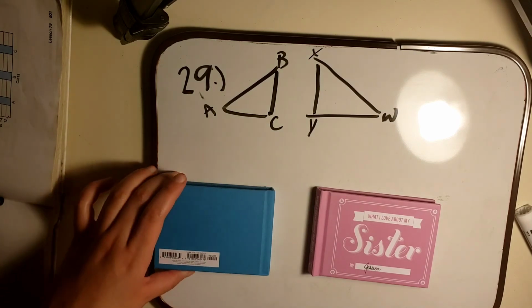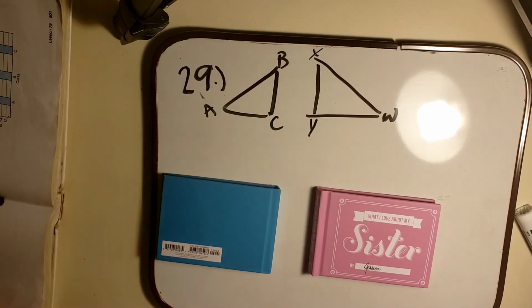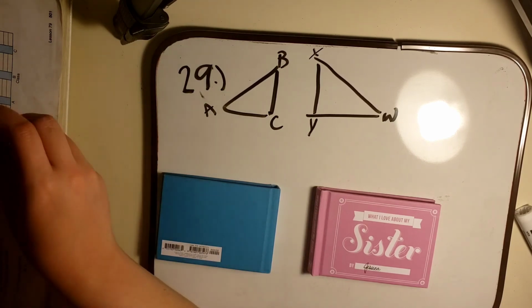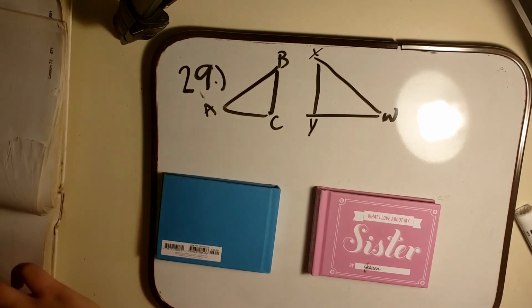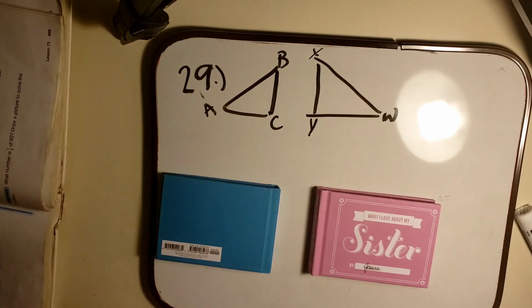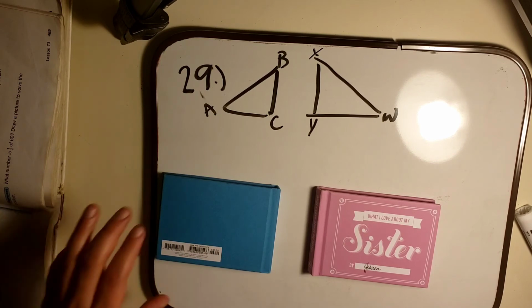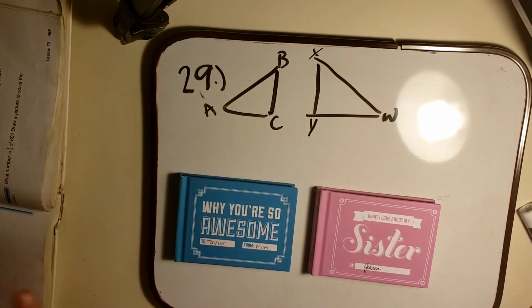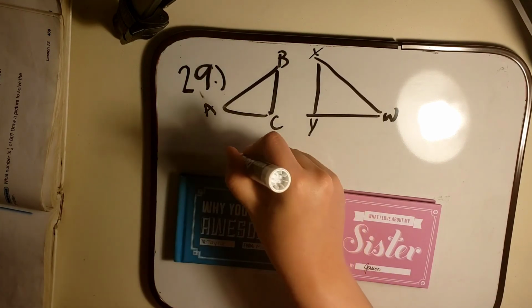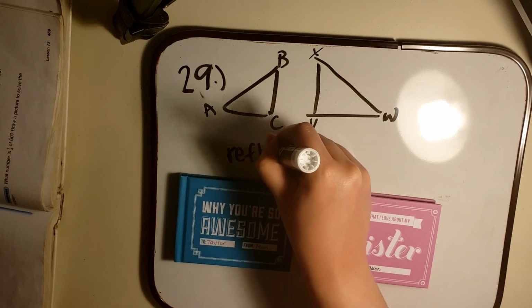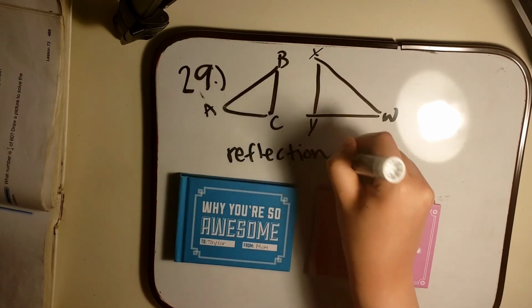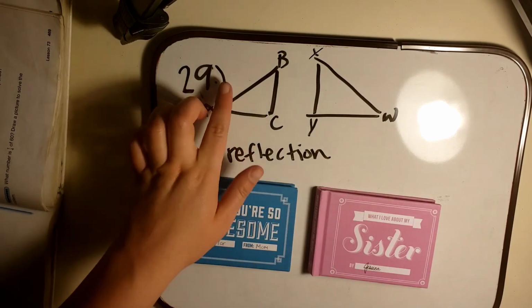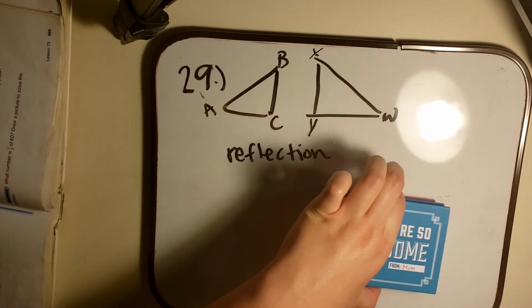So we need to, and let me go back to that page, which was lesson 73. I have it open in my book, so you guys should have it open in your book whenever you have these problems. So I need to flip it. Flip is a reflection. And then I need to slide it on over.